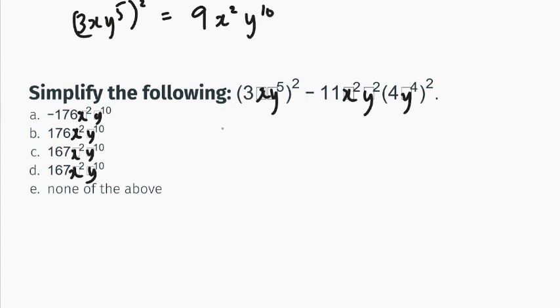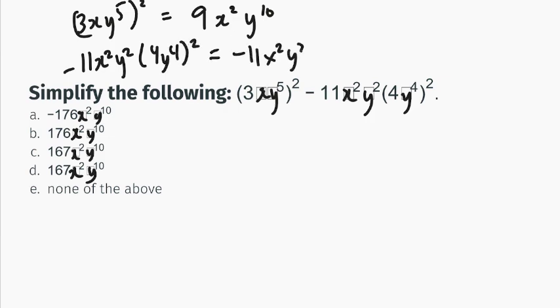So let's move on to the next term. So we have negative 11x^2y^2 times (4y^4)^2, which will be equal to negative 11x^2y^2. And when you square this, we have 16y^8.